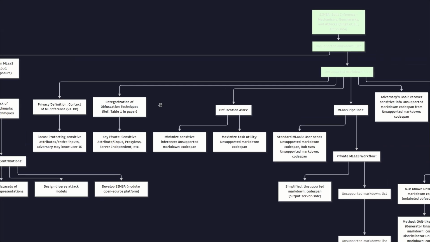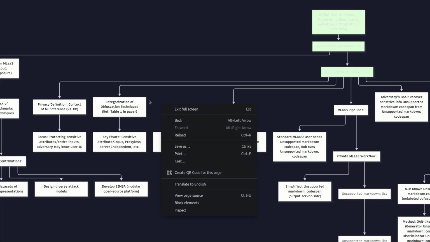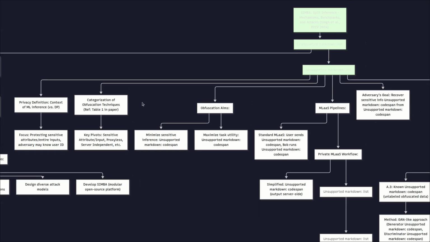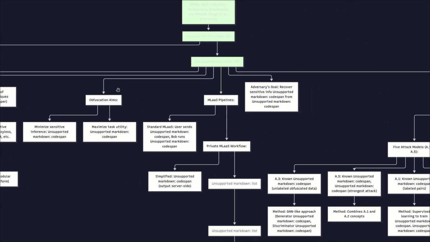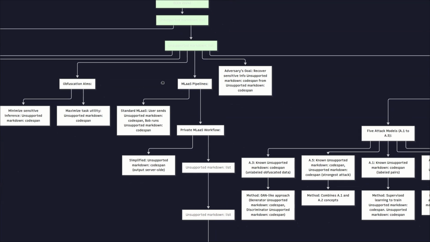Gaussian noise adds random values to data, like static on a TV screen, to obscure details and works for both attributes and inputs, but may reduce model accuracy. Deep obfuscator uses a neural network to learn how to hide sensitive information, adapting to the data's patterns. It's more complex but can offer better privacy. Formal guarantee: some methods like Gaussian noise have mathematical proofs of privacy, while others rely on empirical testing.